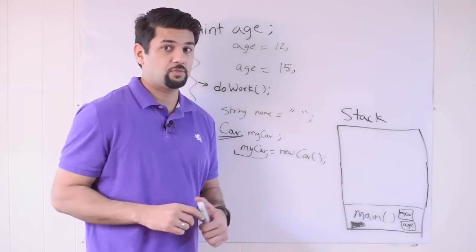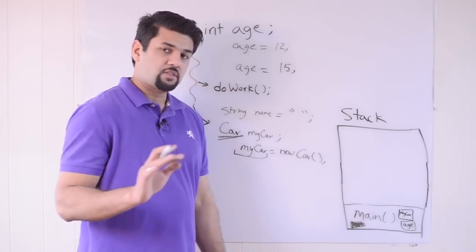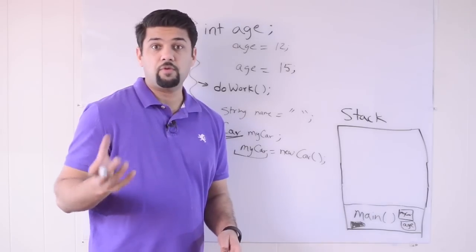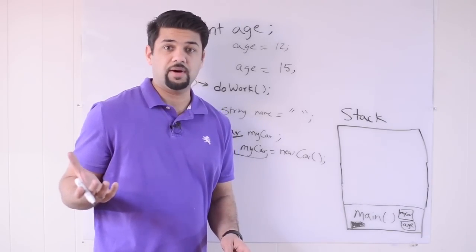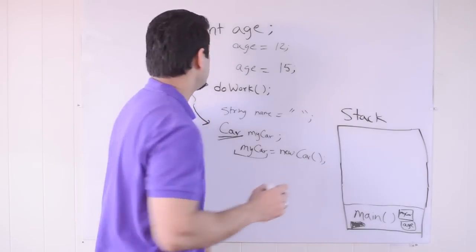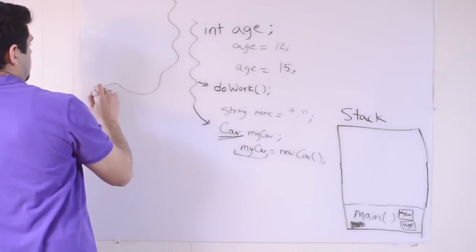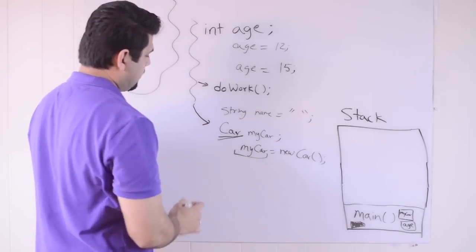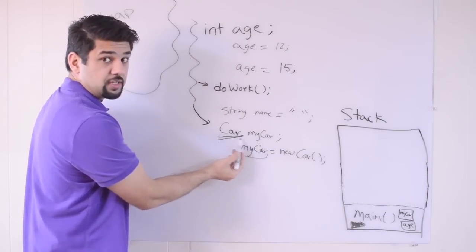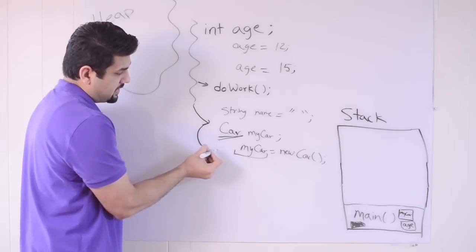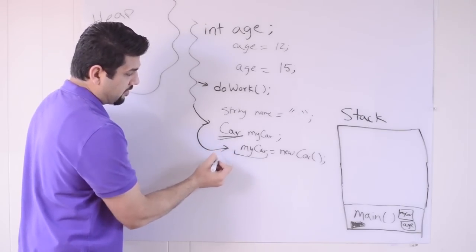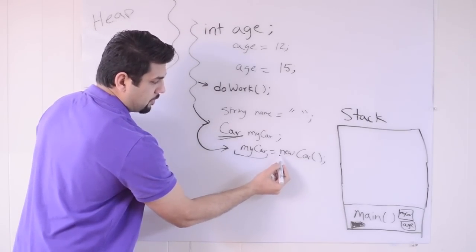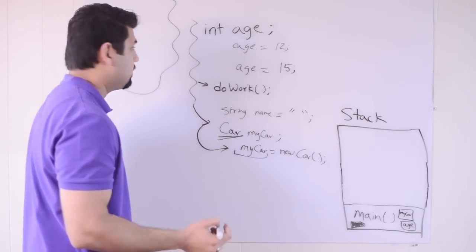And this brings us to our next point. The actual object that's created with this new keyword, new Car, resides in the memory area, the other memory area that I was talking about, the heap. So let's draw that. All right, consider this to be the heap. All right, at this point we don't have an object yet at this particular line, but when we get to this line, we do have an object that gets created on the heap, and that object is triggered by this new Car command.